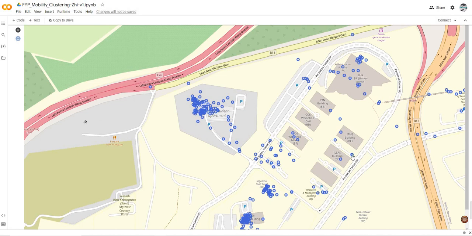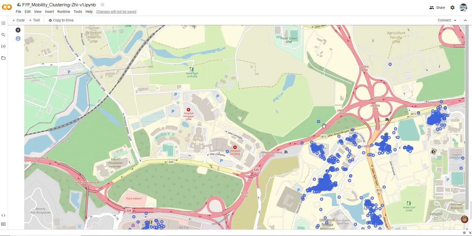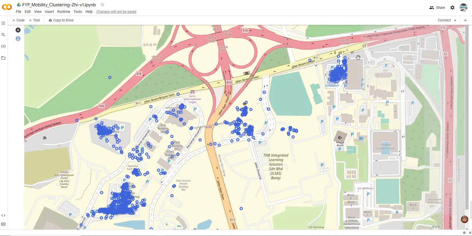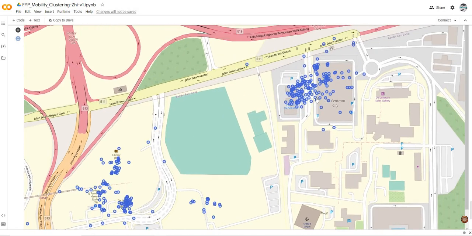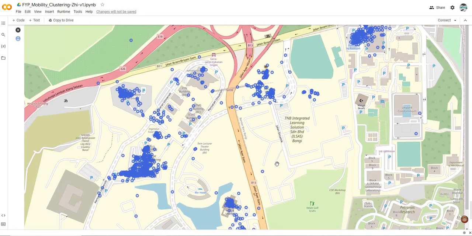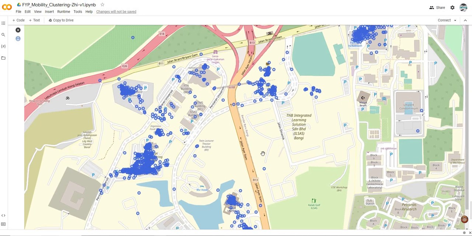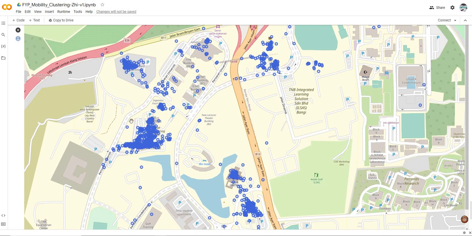Do you see any patterns here? Of course, what is this? The centrum. Do you see any patterns here? Now from here I can see where students are the most congested, right?